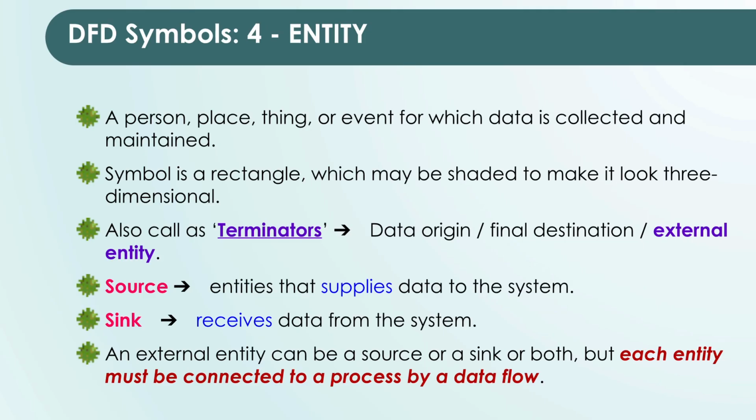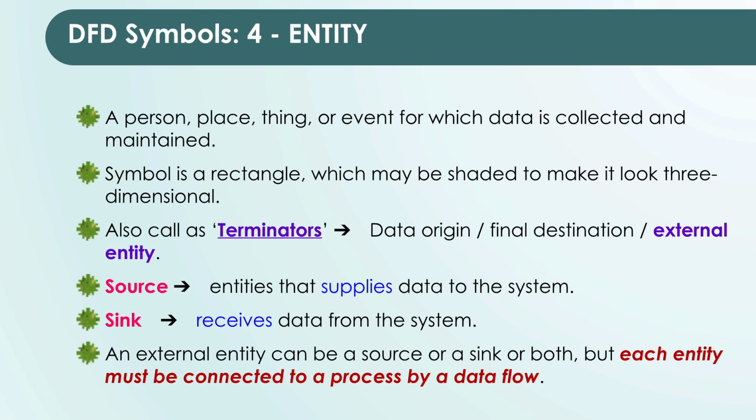And the last symbol in DFD is the entity. An entity represents a person, a place, a thing or event for which data is collected and maintained. It can also be an external system.